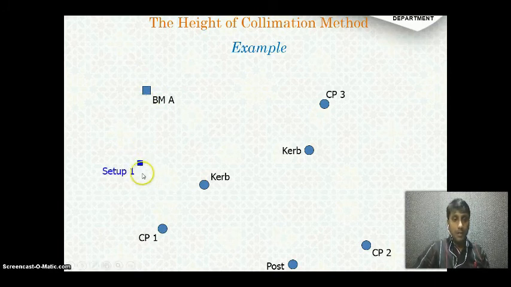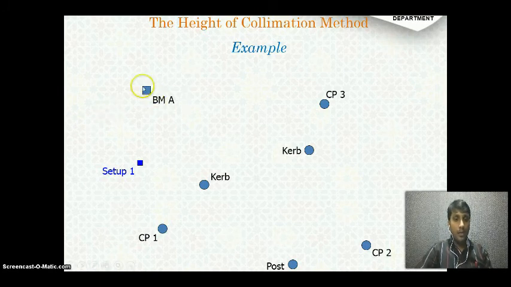So the setup one means the instrument has been set up here at setup one place. Once the instrument has been set up, what is the first thing we have to do? We have to take the staff reading on the known elevation. First, once you set up the instrument, you have to hold the staff on the known point.